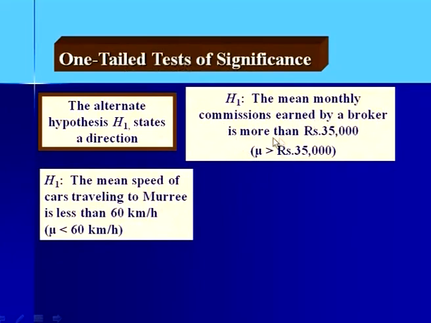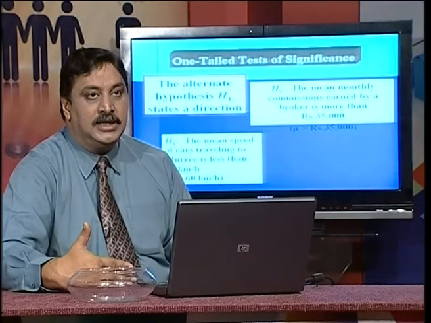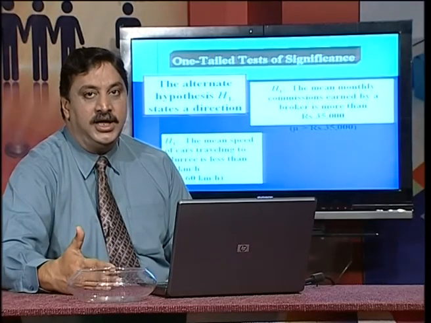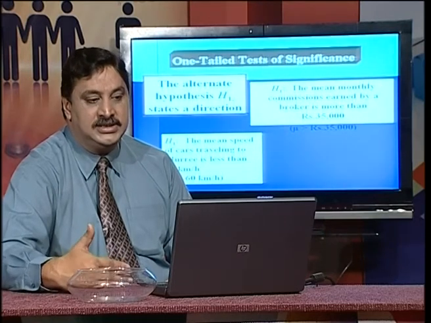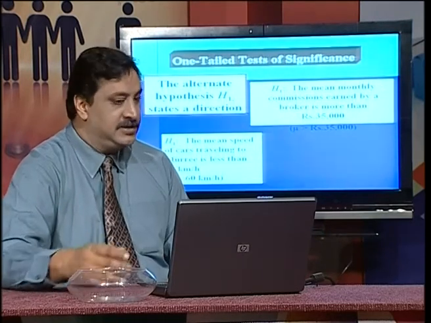Here we use more than 35,000, that is, the mean is greater than 35,000. Or we may say the mean speed of cars traveling to Murray is less than some value. Here we use less than. When we use mathematical notations like less than or greater than, these types of alternate hypothesis are one-tail tests.